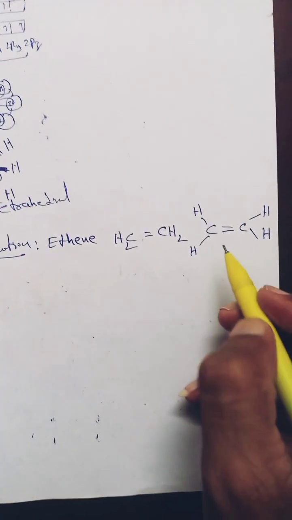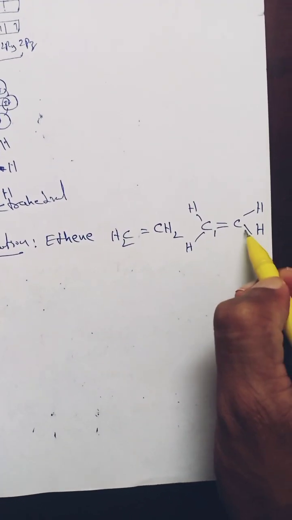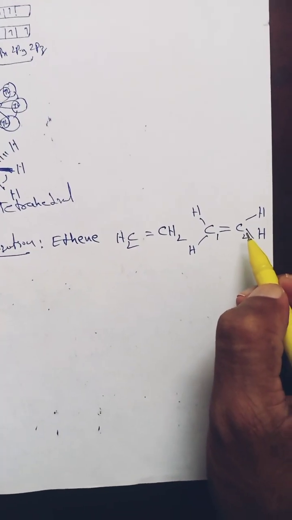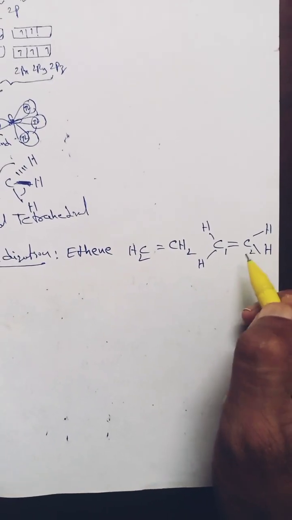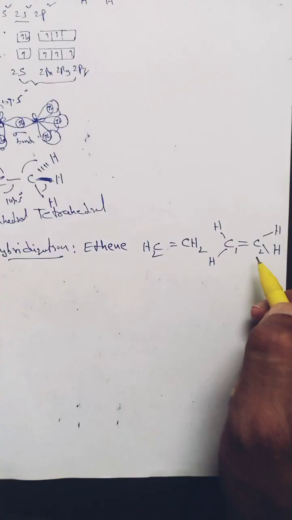For our convenience, we write this as C1 and this as C2. Both carbons are the same; wherever carbons are there, they are all the same in nature, properties, everything.